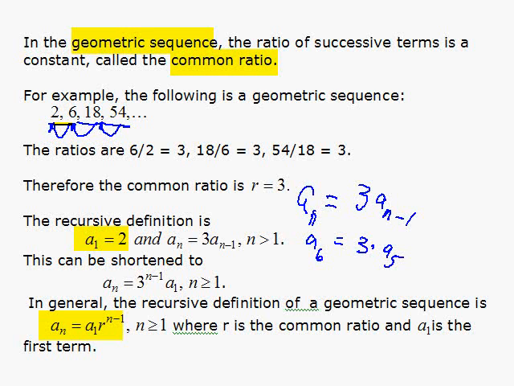That would be done by using an exponent. So I could say a sub 4 is equal to the first term times the common ratio 3, raised to the n minus 1 power. That will give you all the terms of that geometric sequence.